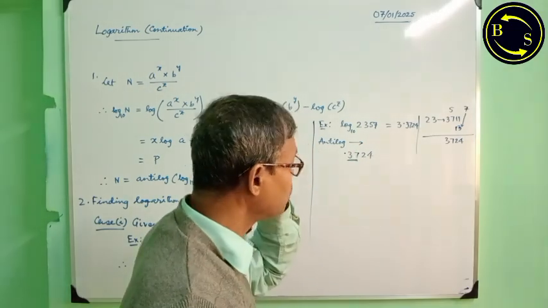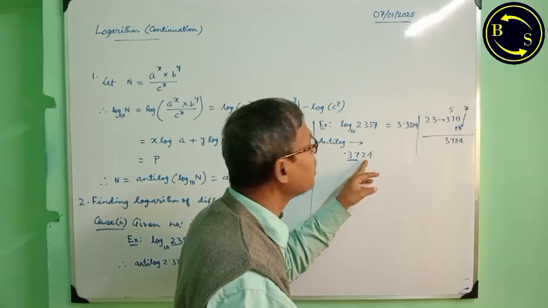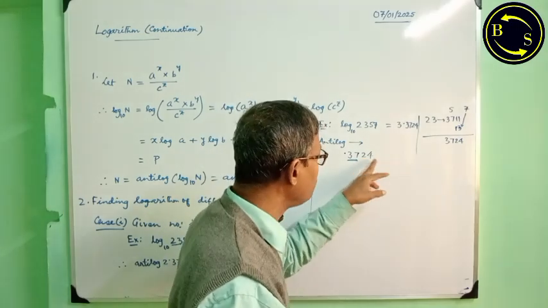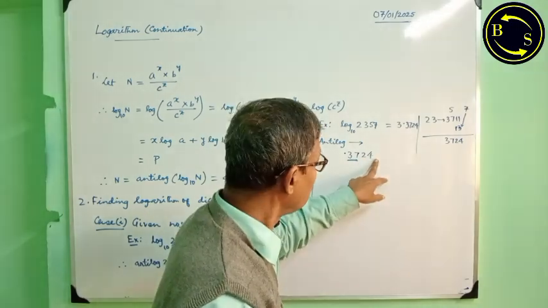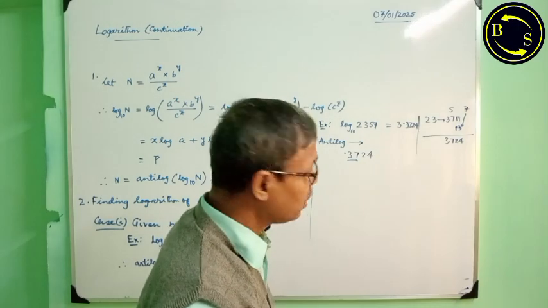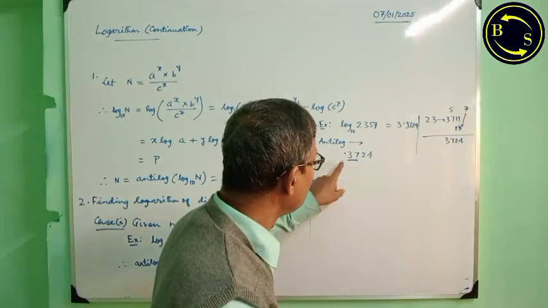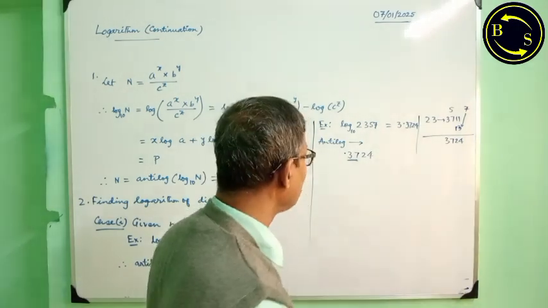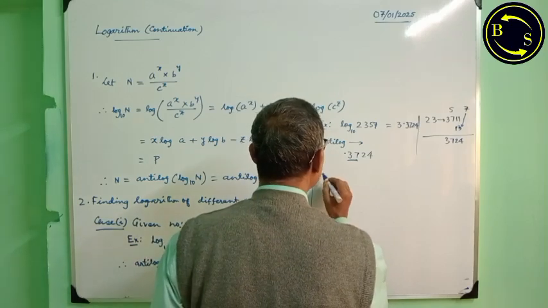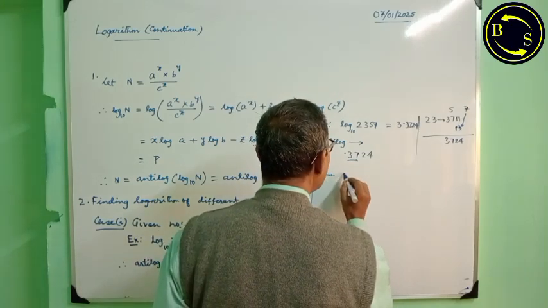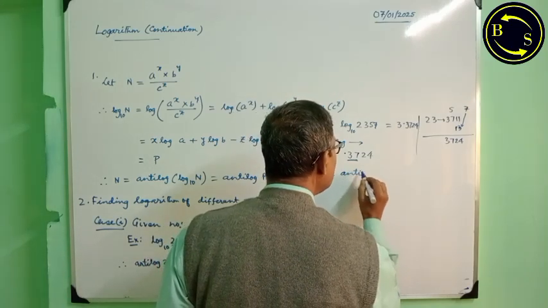After that, from the mean difference we get the value of 4, that is added to that.